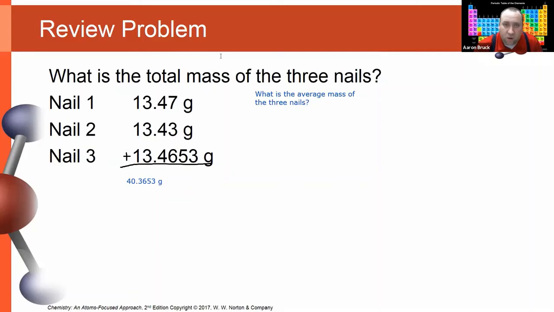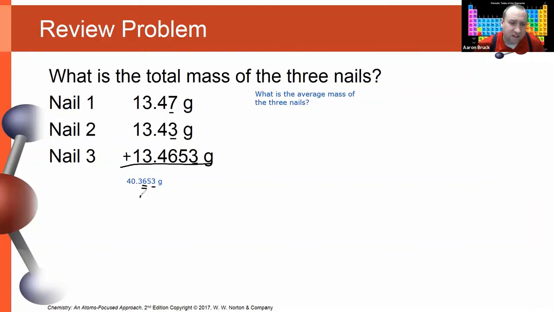And so, since I am adding here, I need to look at where those numbers come from. And so I can see that nail 1 and nail 2 are both known to 2 decimal places, whereas nail 3 is known to the 4th decimal place.